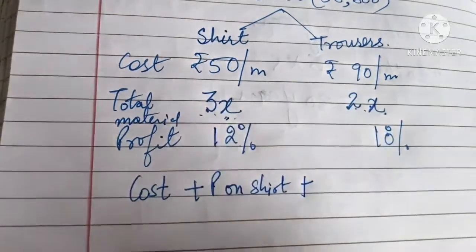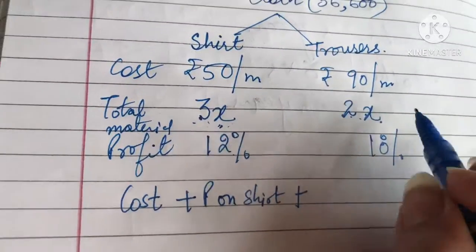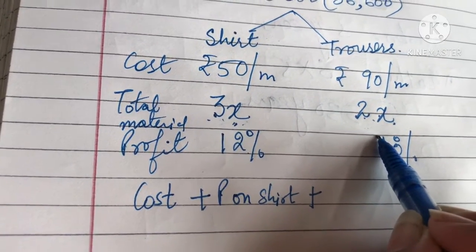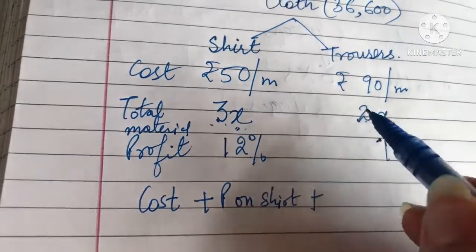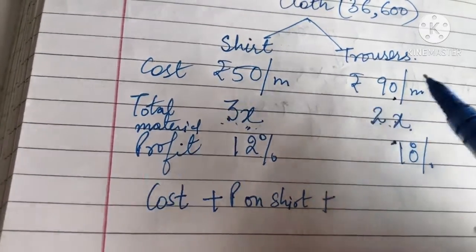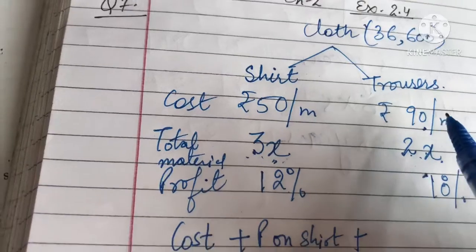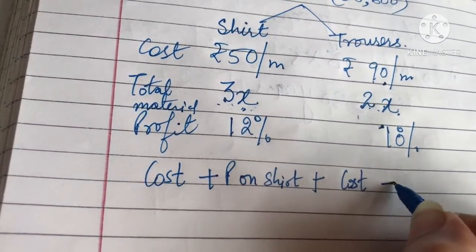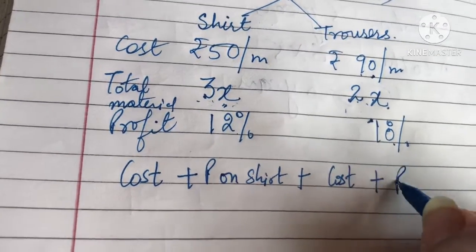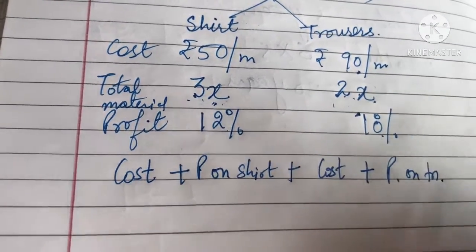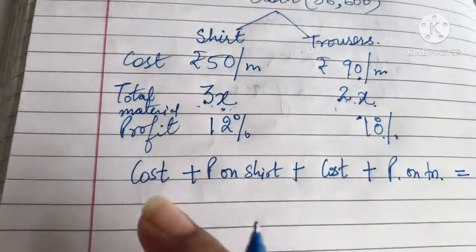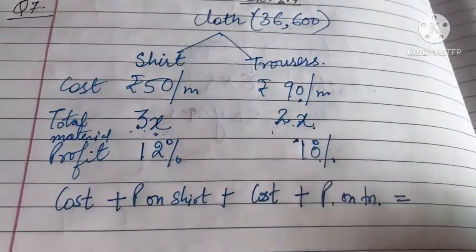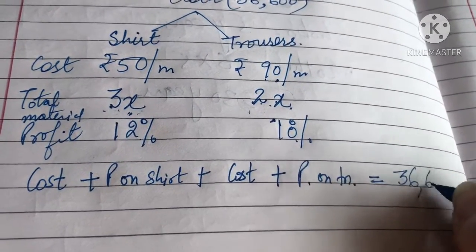Now if we talk about trouser material, the cost of the trouser material will be 2x, because this is the total number of meters he is buying into the money, how much per meter it is. So 2x into 90, that is going to be the cost of the trouser, plus he is also gaining profit. Now profit on trouser is also there, and the cost at which he is buying plus the profit on it, if you add all, you will get the total sale.